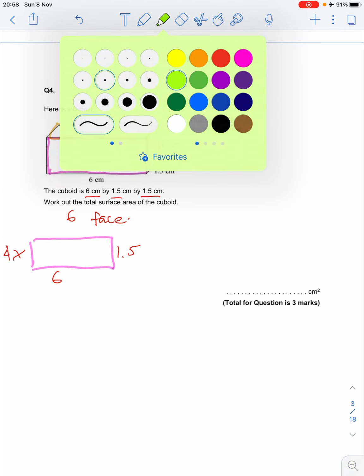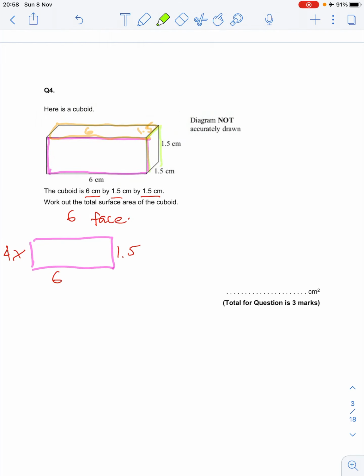Then the second one, we have 1.5 by 1.5, and remember there are 2 faces, the opposite faces are the same, so we have 2 lots. Finding the area is length times width, so we have 6 times 1.5, and there are 4 of them, so we multiply by 4, and the area of this shape is 1.5 multiplied by 1.5, and we have 2 lots, so times by 2.